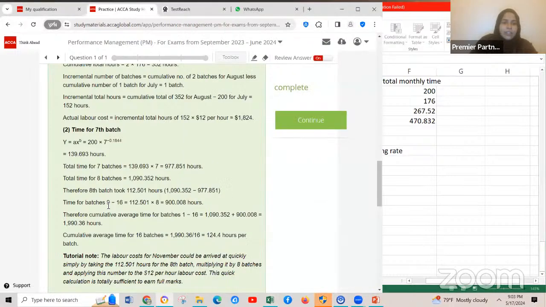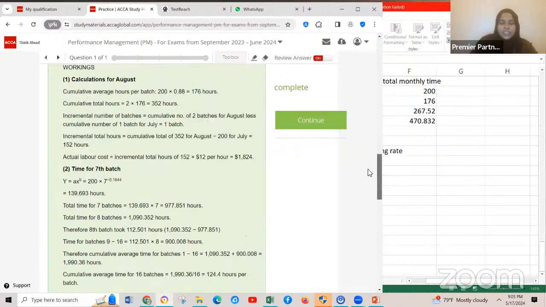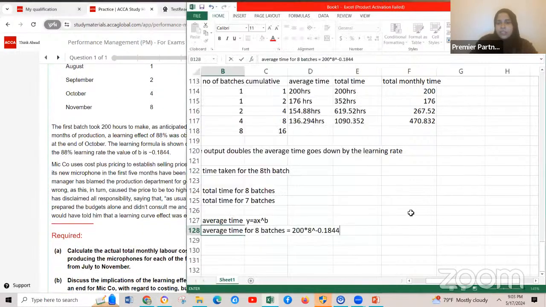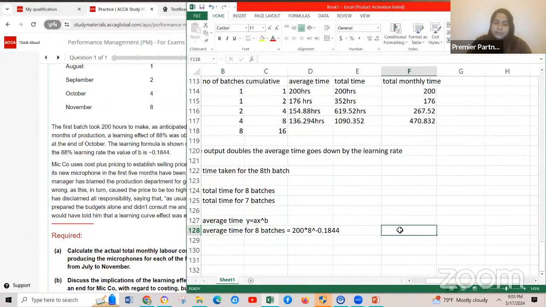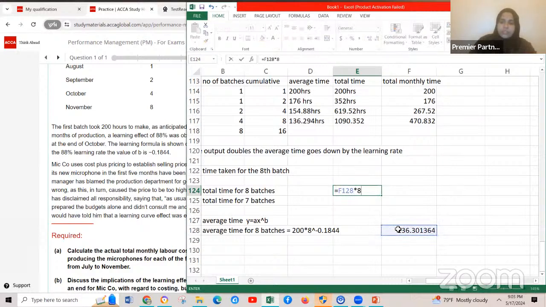Average time for 8 batches is, can someone tell me the answer that comes here? What's the answer that you'll get here? Average time for 8 batches. So what's the total time for 8 batches? This into 8.